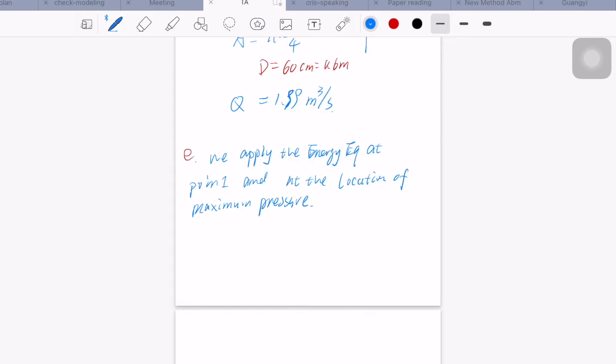So we have that P1 over gamma plus alpha 1 times V1 squared over 2g plus Z1 should be equal to P maximum over gamma plus alpha 2 times the velocity at maximum pressure squared over 2g plus the Z location, the elevation of the maximum pressure, plus the head loss.